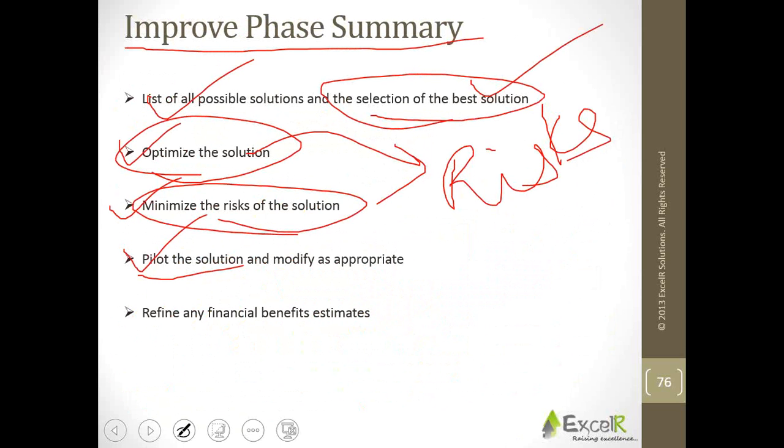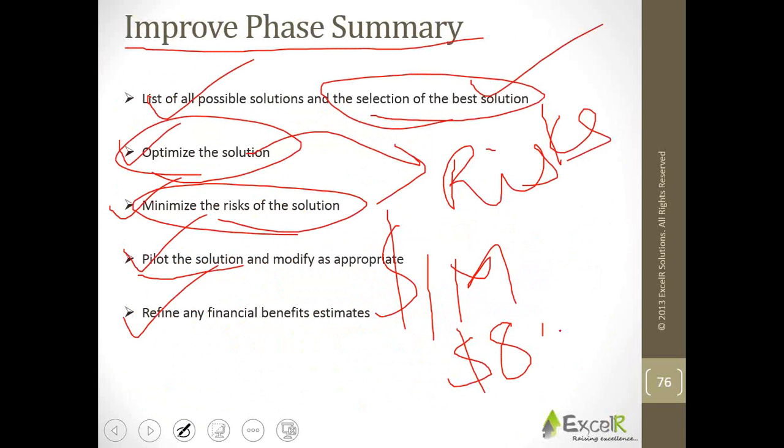If at all any modification is required, you can modify it. Refine any financial benefit estimates. Probably in the starting phases, you have said that you're going to save $1 million, but as you progress, you now feel that 1 million is slightly not possible. Probably you'll try to save 800K.